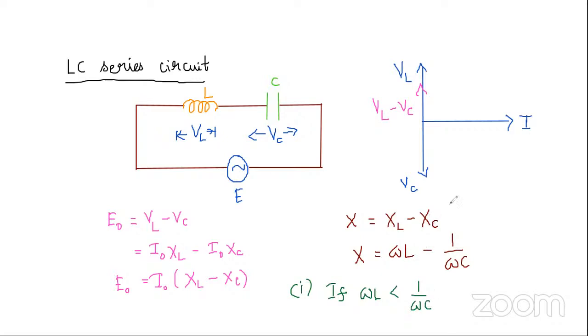That means the dominance of capacitance is more. So this means the reactance is capacitive, because XL is lesser than XC, capacitance dominates.